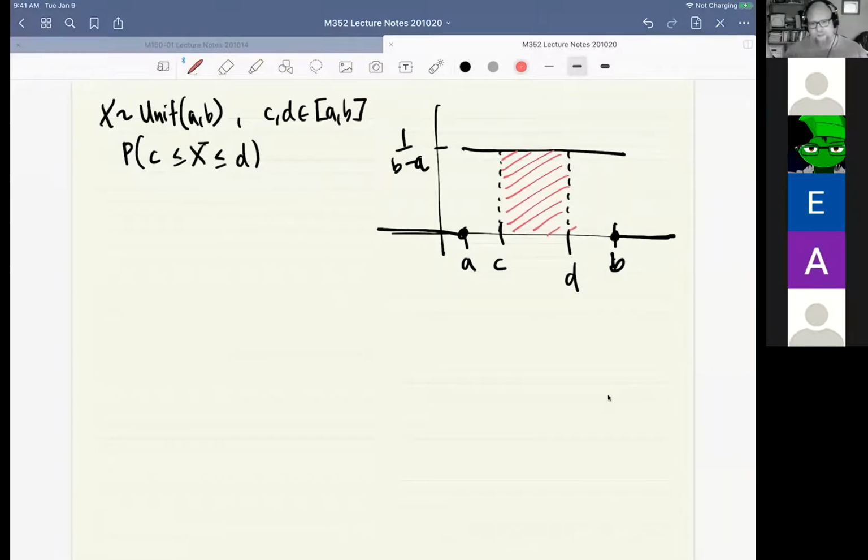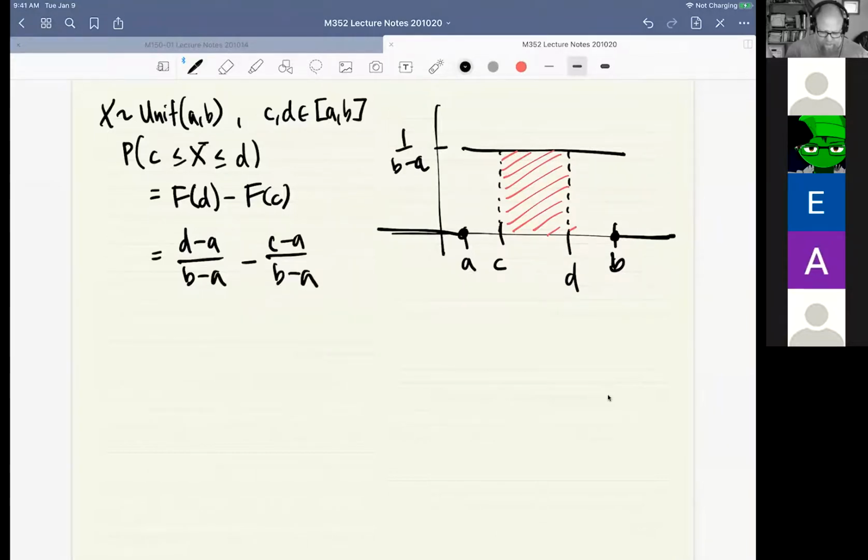Well, now that I've drawn the picture, you're like, Miller, we see what it is, right? It's a rectangle. Take the width times the height, D minus C over B minus A, right? Yes, and you're exactly right. But if I use this idea that we can use the cumulative distribution functions, just watch. So F of D minus F of C. We calculated a formula on the last page that cumulative distribution functions have these values.